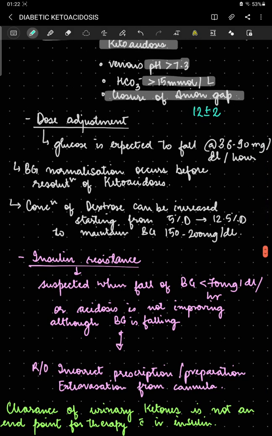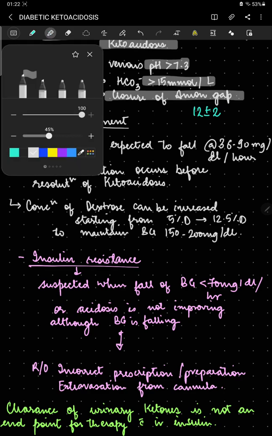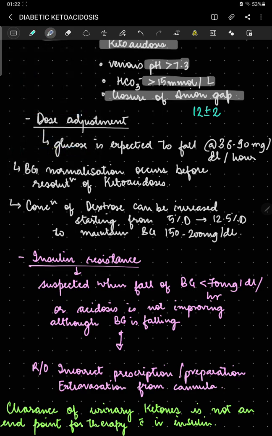Now, how to adjust the dosage based on blood glucose values? By the therapy, the glucose is expected to fall at the rate of 36 to 90 milligram per deciliter per hour.